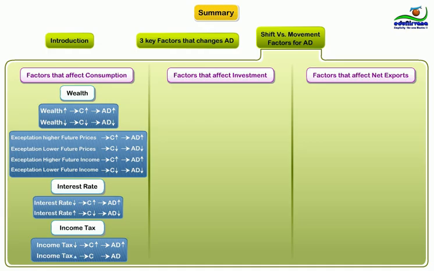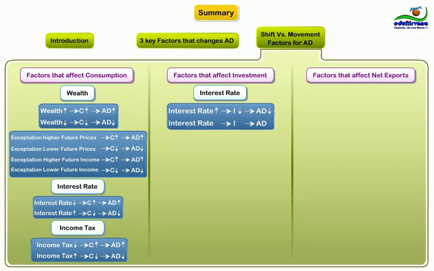Income taxes increase, consumption decreases, aggregate demand decreases. The factors that affect investment: interest rate. Interest rate increases, investment decreases, aggregate demand decreases. Interest rate decreases, investment increases, aggregate demand increases.